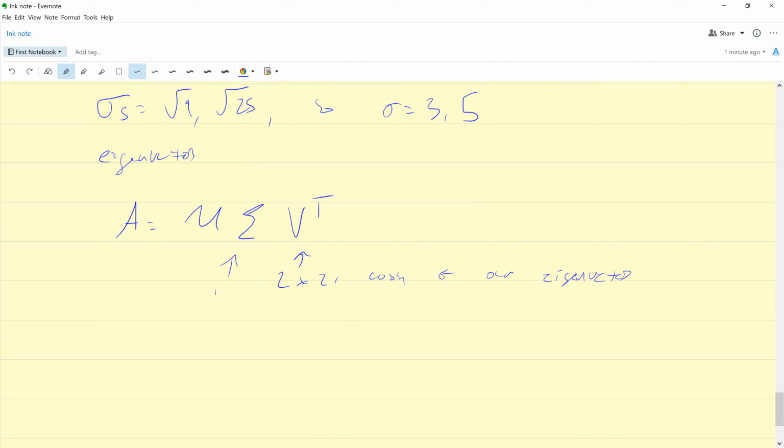And then this guy will be the sigmas we found, right? This guy is 2 by 3 because that's what A started off as. So that matrix will look, I think, like 5, 3, and zeros.